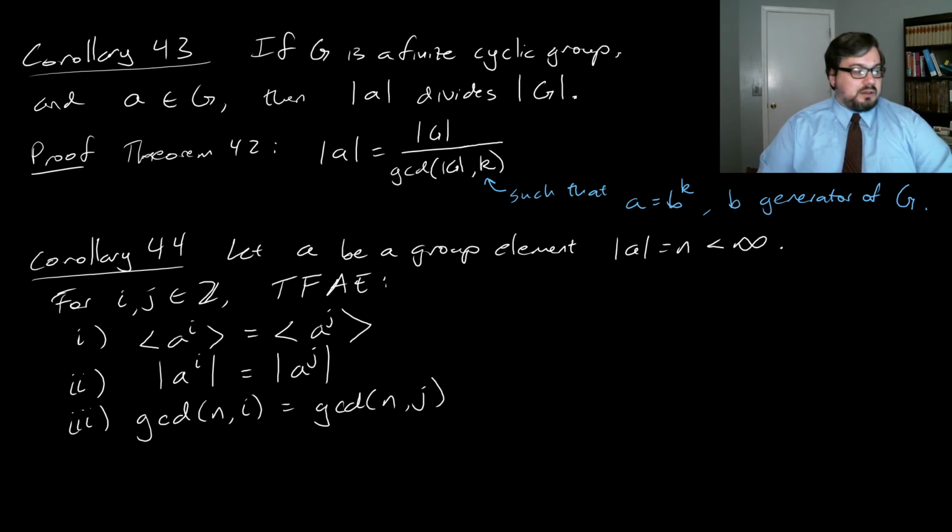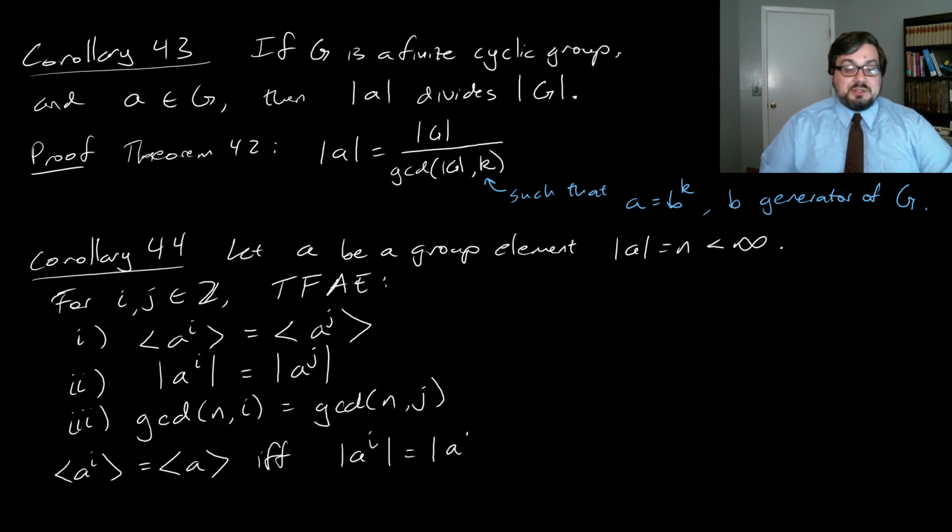So in particular, we have that the cyclic subgroup generated by a to the i is the subgroup generated by a if and only if the two elements have the same order, which happens if and only if the greatest common divisor of n and i is equal to 1.